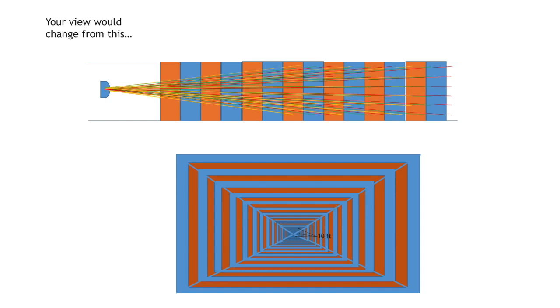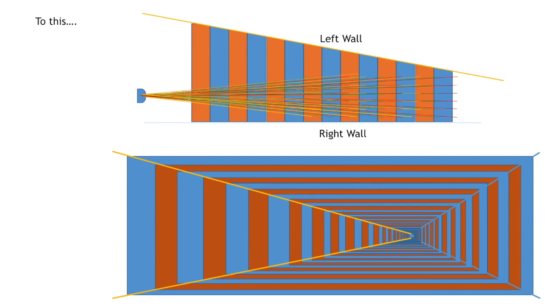So again, how we see that top figure is interpreted on the bottom. To this, where we rotate our left wall out a little bit, and your perspective would then change to something like this, which is on the bottom. That left wall is now being rotated outward and away from us, and you can see how the distortion starts to be viewed.